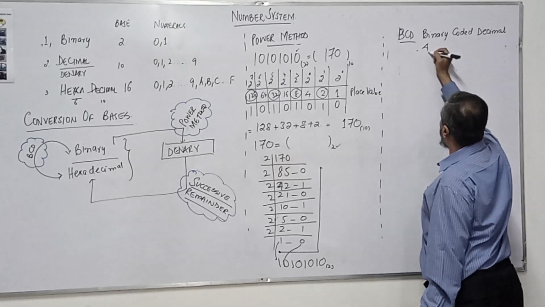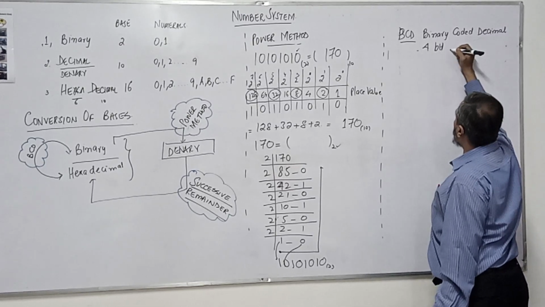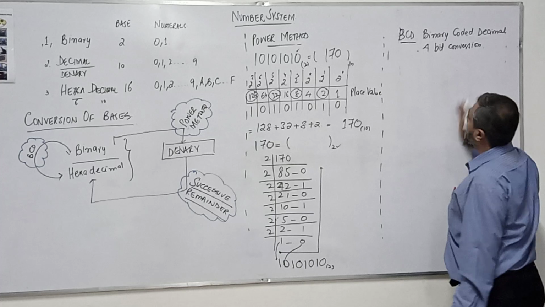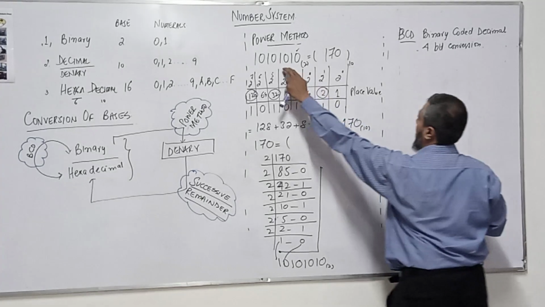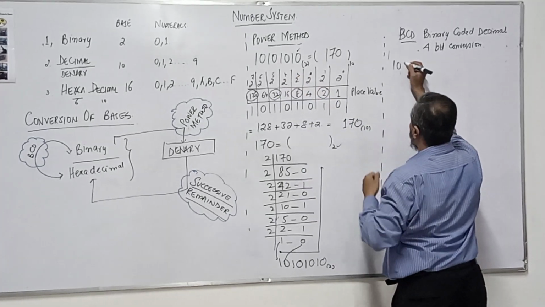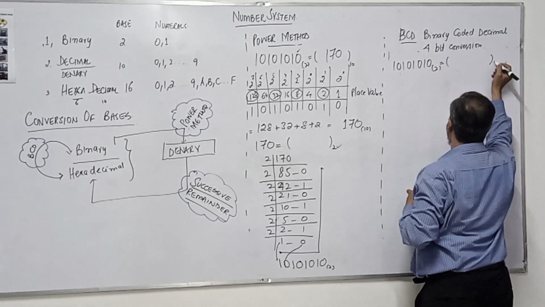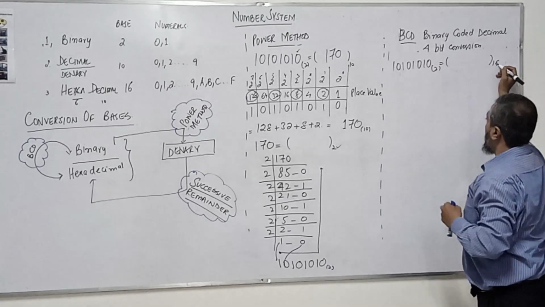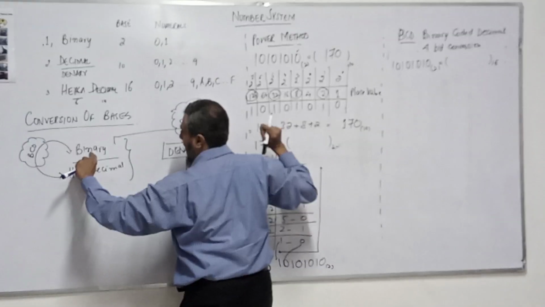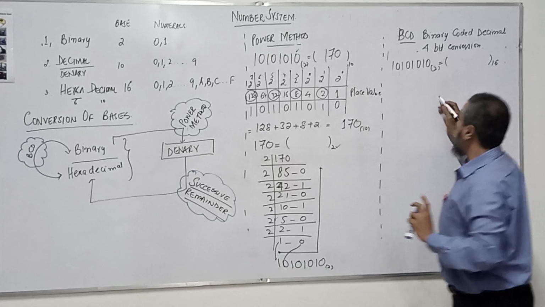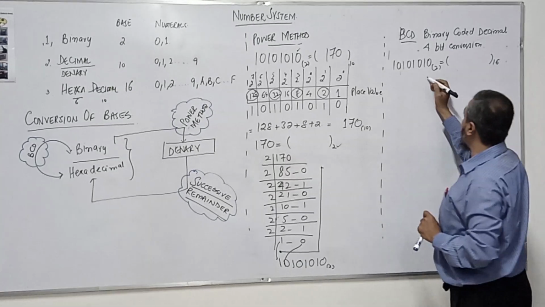It's also called 4-bit conversion. For example, we have this question and we want to convert 10101010 of base 2 to base 16. So I am talking about a binary value given and hexadecimal to be converted. So I am using BCD, binary coded decimal.